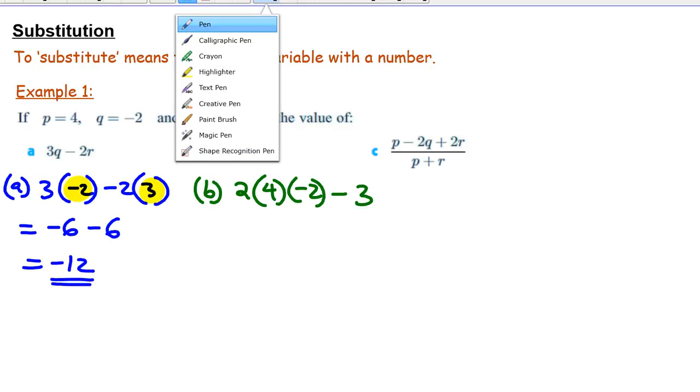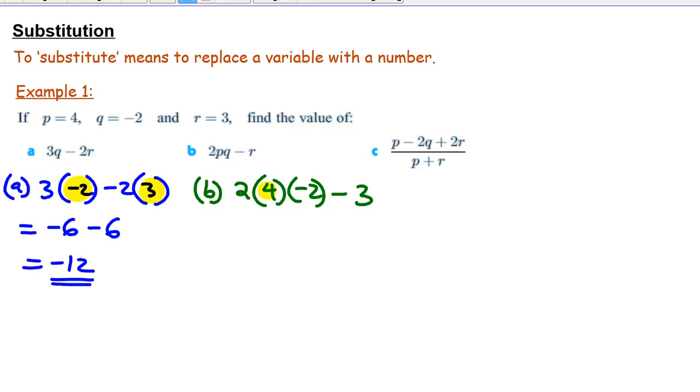So remember, what I've done again is I've substituted in these values, okay? So what you end up with is 2 multiplied by 4, that is 8, multiplied by -2, -16 minus 3, which will be -19.